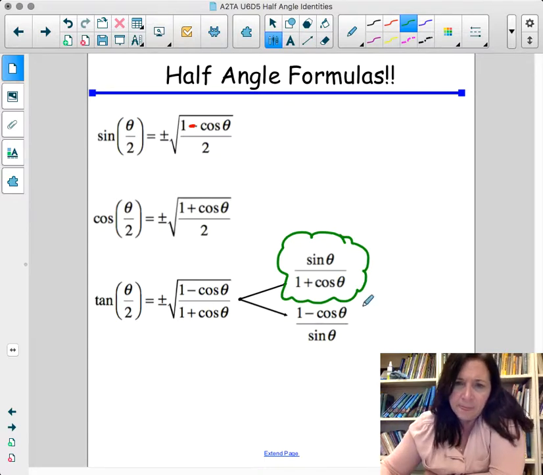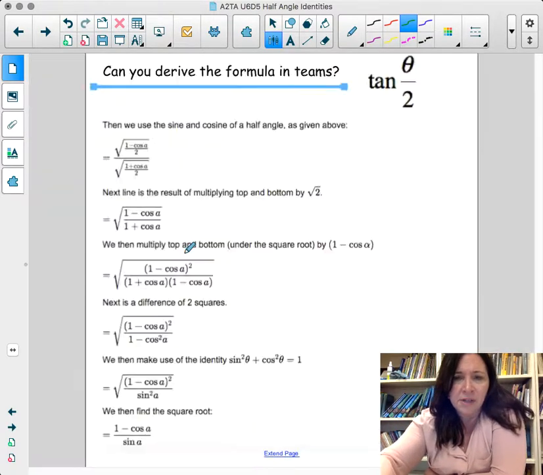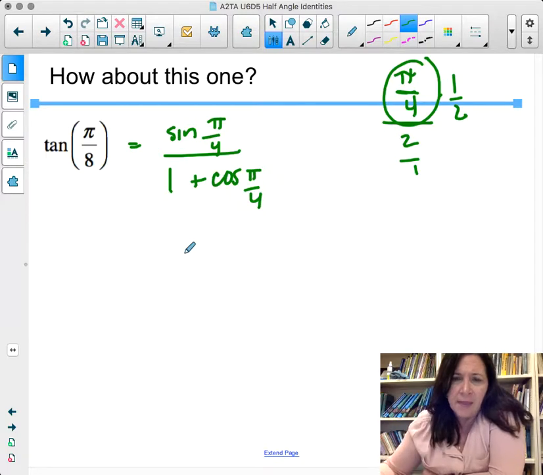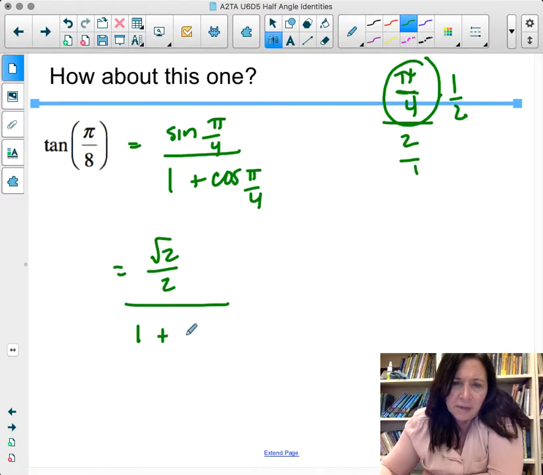There's that one, there's this one, or there's this one. You can use any of them that you want. I'm just going to use that first one, and we know that sine of pi over 4 is square root of 2 over 2 over 1 plus the square root of 2 over 2.